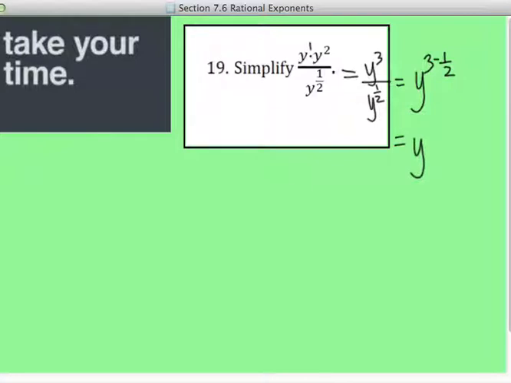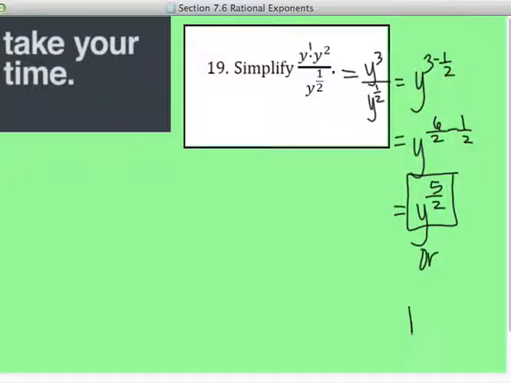So I would have 6 over 2 minus 1 over 2. If I subtract them, I get y to the 5 over 2. And so there's one option, or you can write it as the square root of y to the 5th. If you want to, you can write the index of 2 in there, but we typically don't when it is the square root.